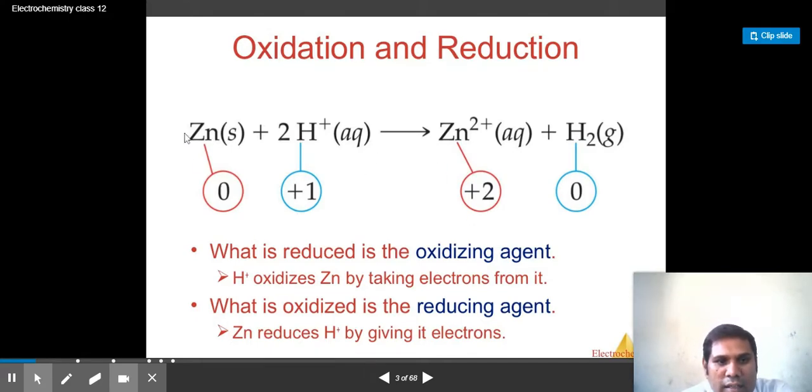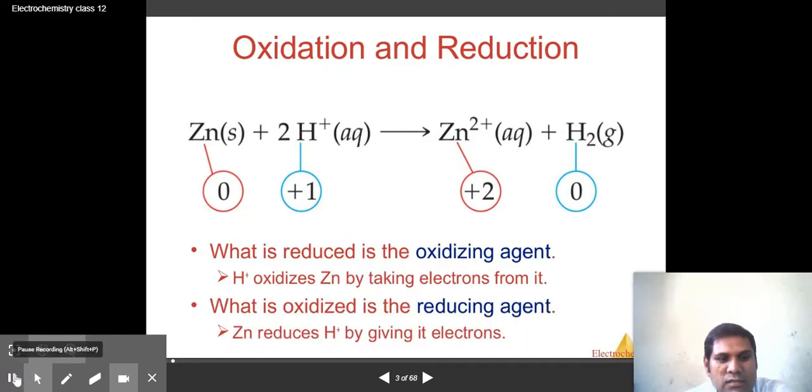So here zinc is in the zero state and 2H+, that is H+ is in the +1 state. Here zinc gets oxidized forming Zn2+ ions, whereas H+ ions get reduced forming H2 in zero state as a gas.